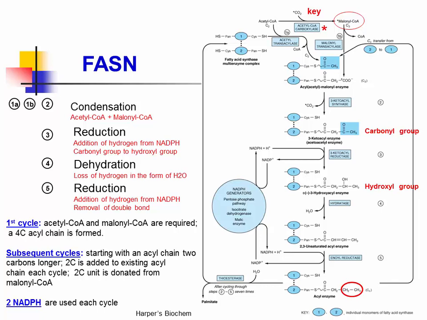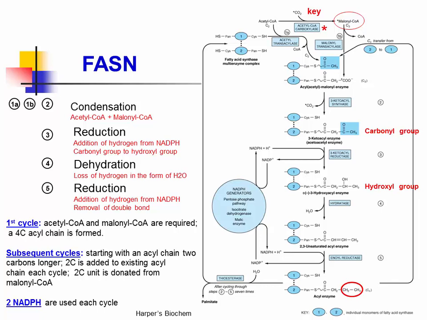So for 16-carbon palmitate, you will need to go through multiple cycles to complete the synthesis of 16-carbon fatty acyl-CoA.